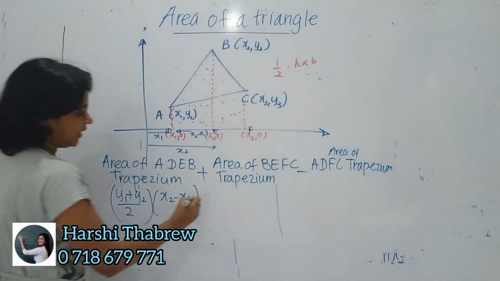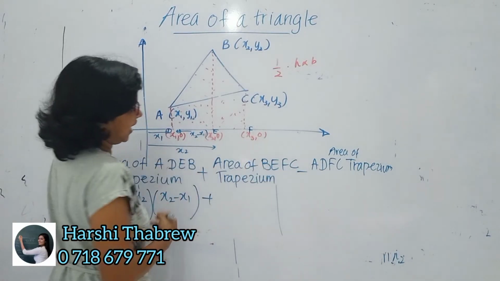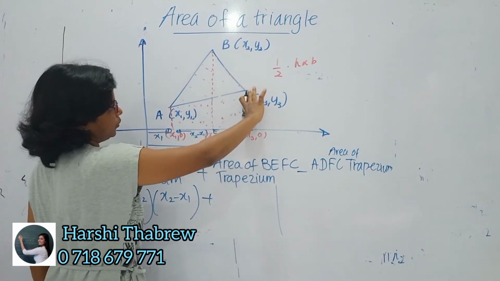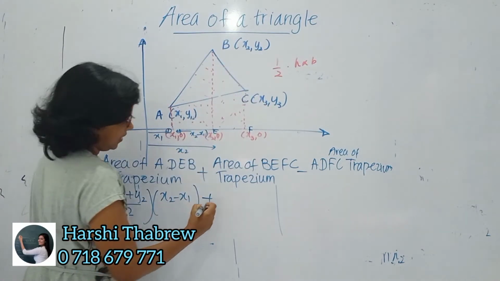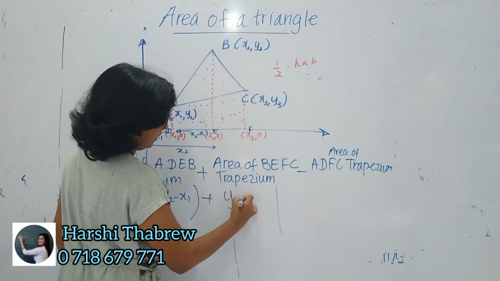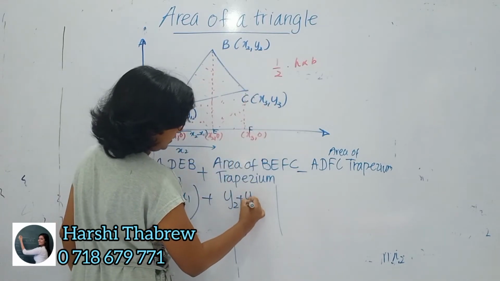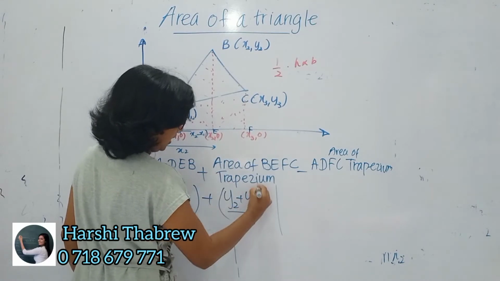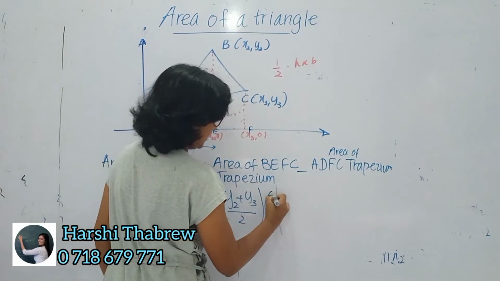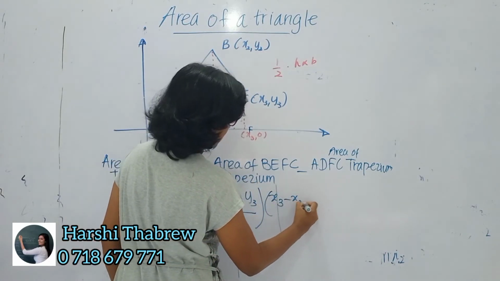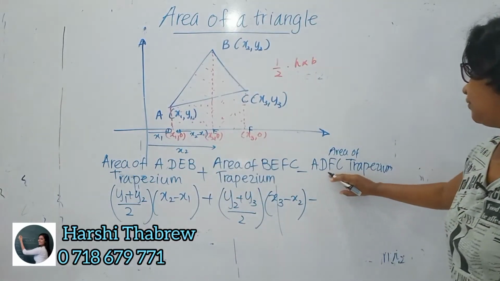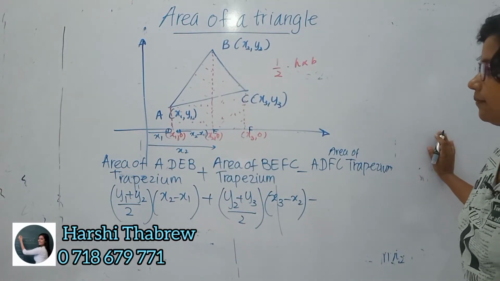Right? Then the area of the BEFC trapezium: these two parallel sides are, this is y2, this one is y3, over 2, and this perpendicular height is x3 minus x2. Minus, then the ADFC trapezium.